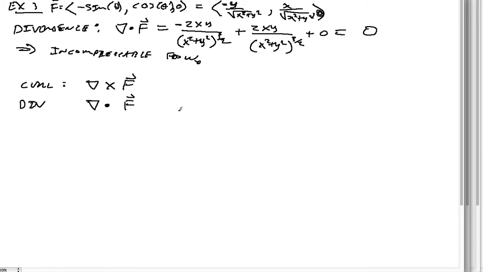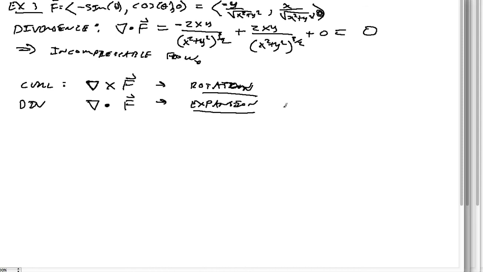They are wonderful descriptive tools to talk about what goes on with vector fields, particularly related to their expansion or compressibility and their rotation. So rotation and expansion are the key words that describe vector fields.